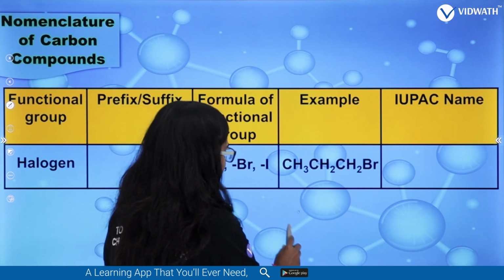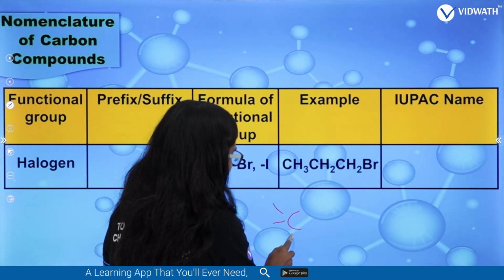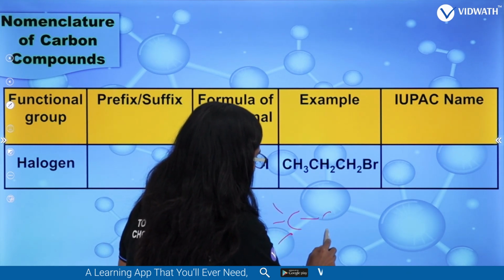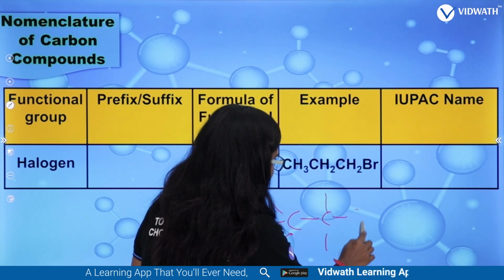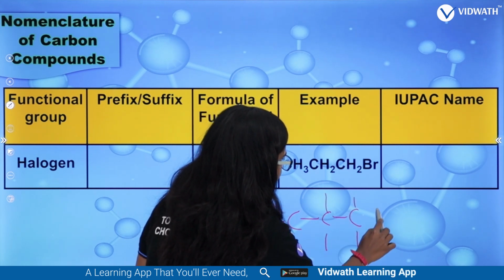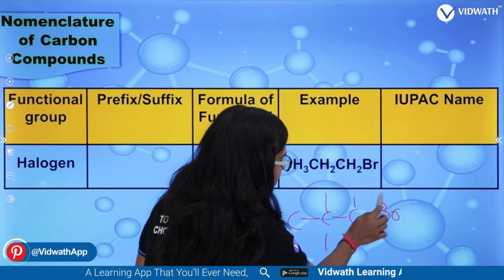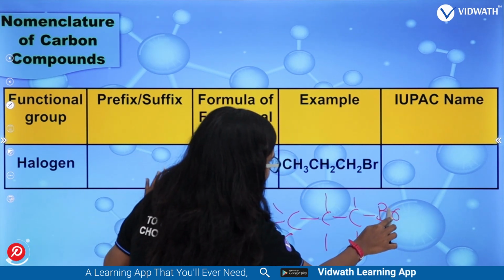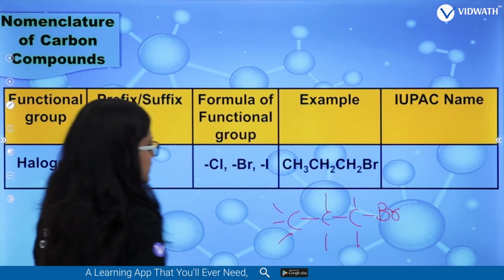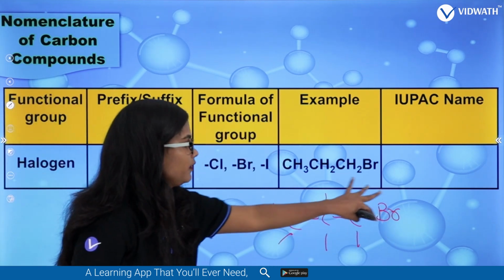So we have CH3, CH2 and CH2, and here, in the place of hydrogen, we have bromo, that is a halogen. How do we name this one?